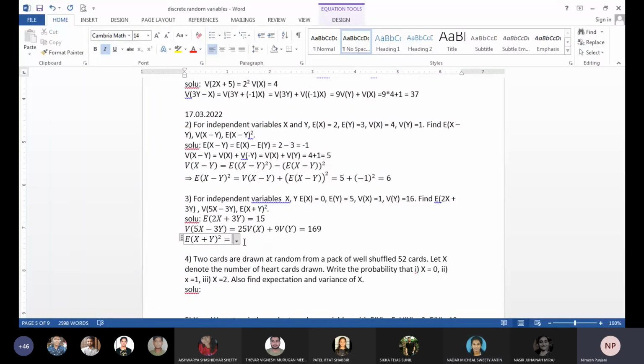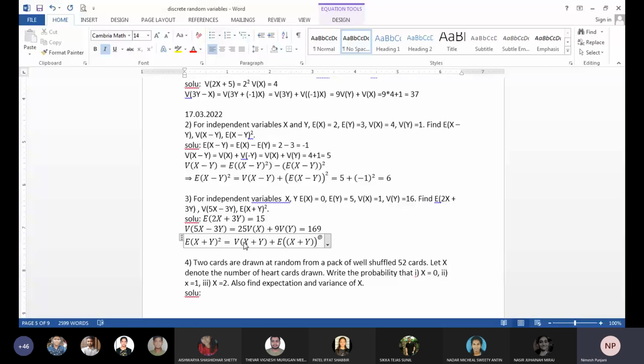Property 3. Okay, so it would be variance of x plus y plus expected value of x plus y the whole square. This formula you applied.